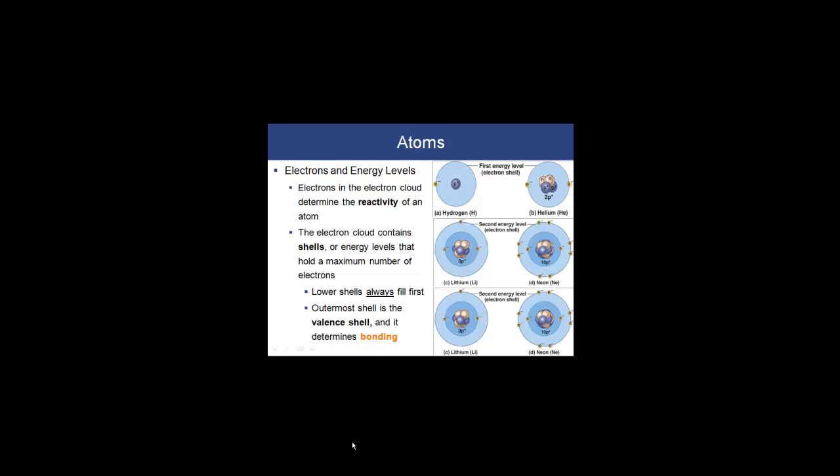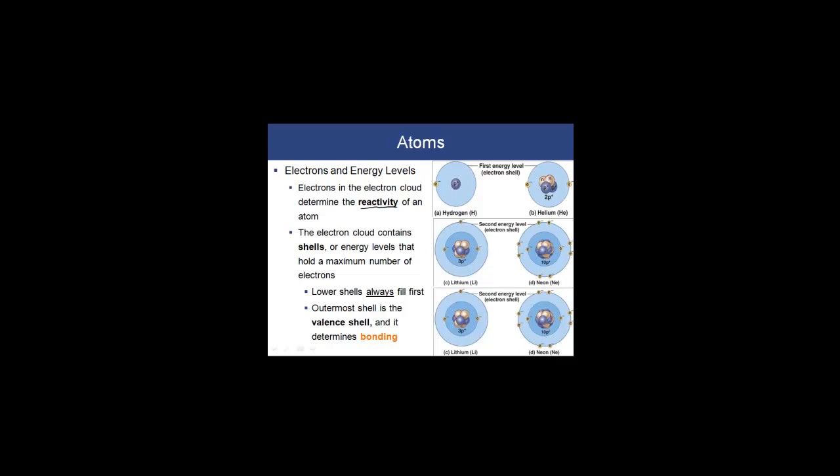We know that the atom consists of a nucleus that holds subatomic particles, namely the proton and the neutron, and that the electrons are found within the electron cloud orbiting the nucleus. It is the electrons that determine the reactivity of an atom, and we'll define, hopefully, reactivity as we work through this objective.